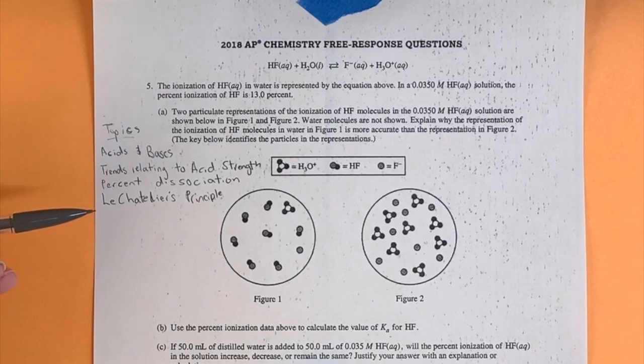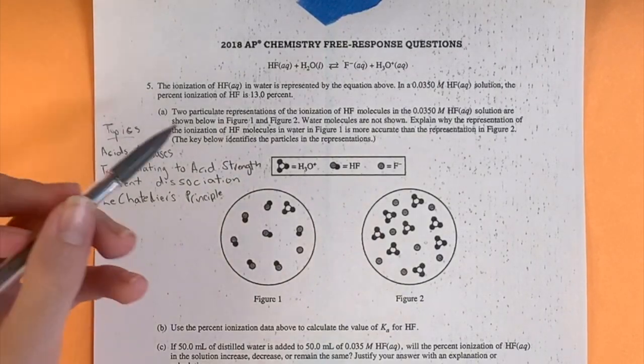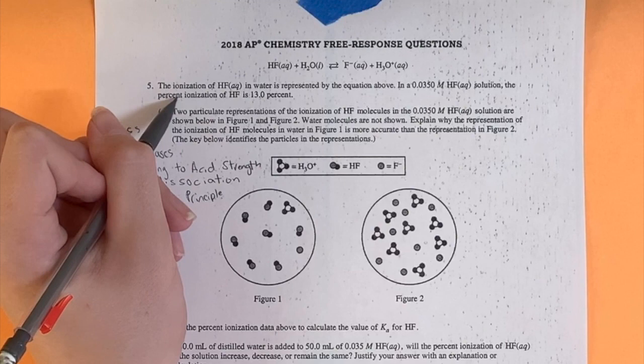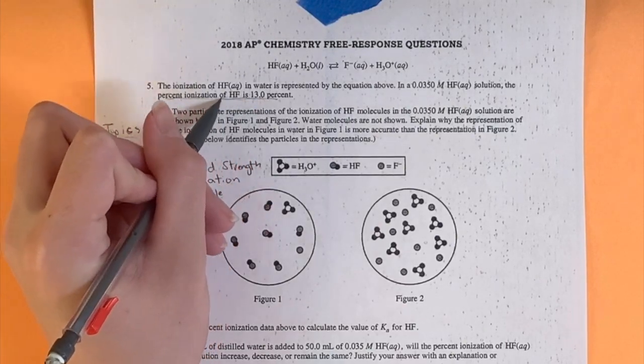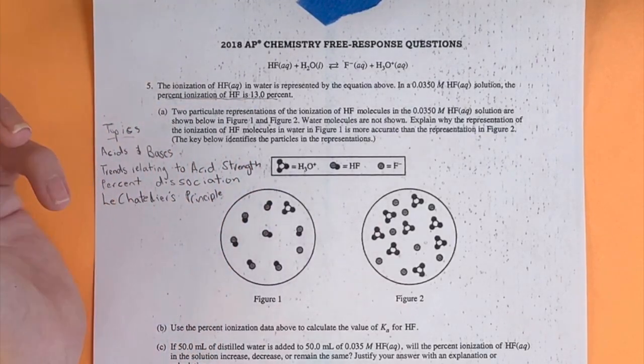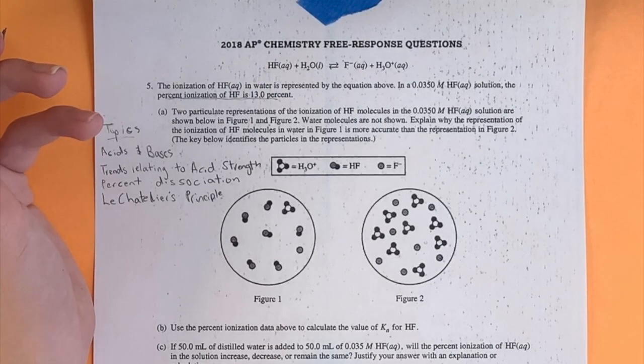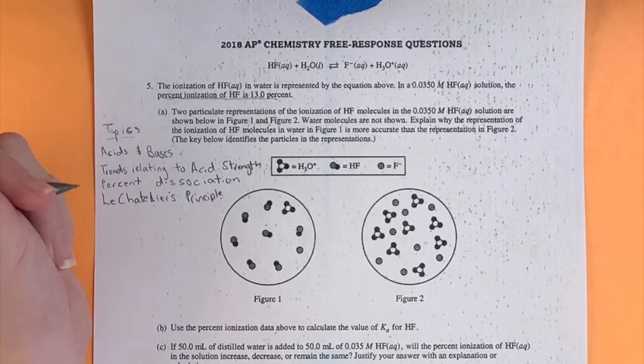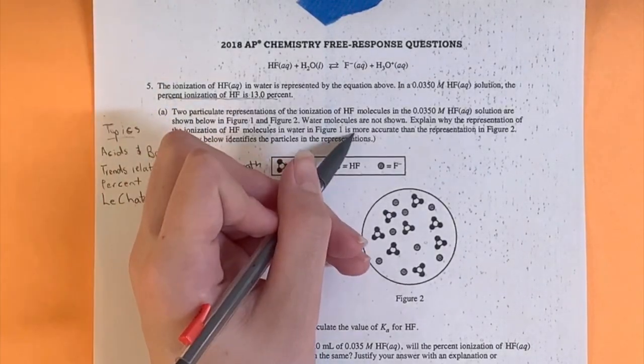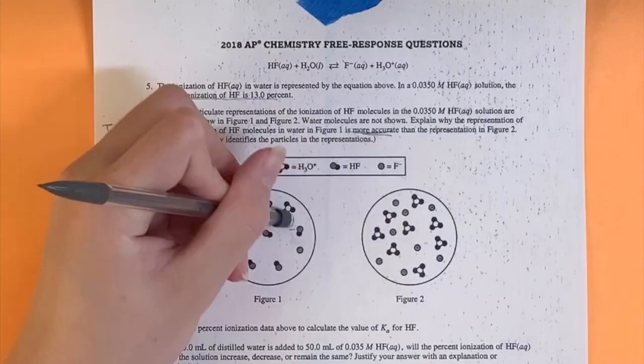The ionization of hydrogen fluoride is represented by the equation above. In a 0.035 molarity solution, the percent ionization is 13%. For part A, we're given two representations of the ionization of HF, and we have to explain why figure 1 is more accurate than figure 2.